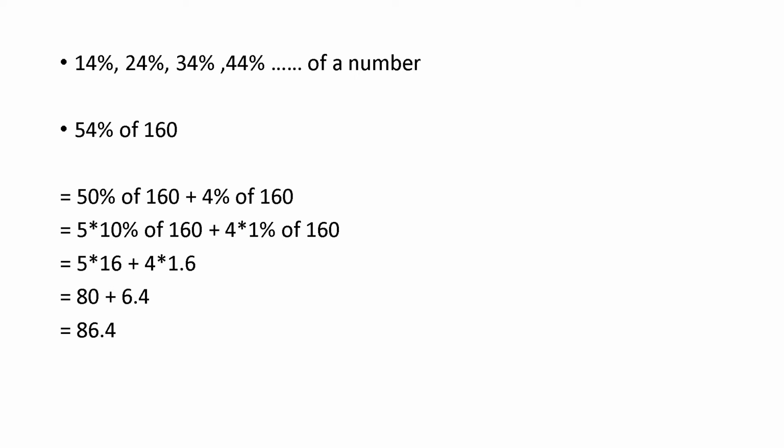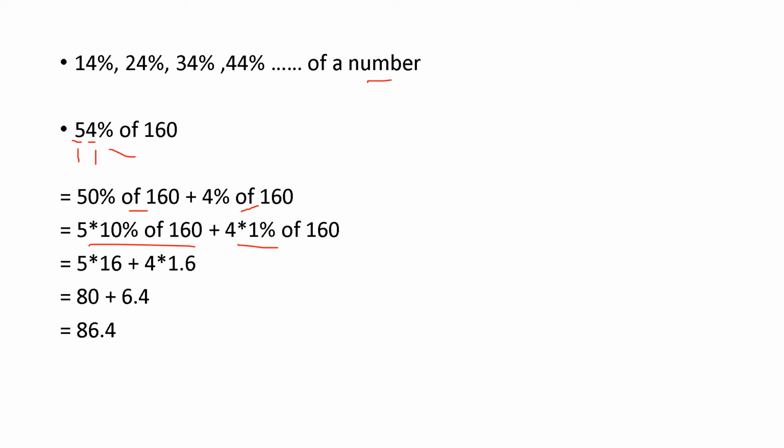Next is 14%, 24, 34 of a number. So let's see the example. 54% of 160. 54 means 50 plus 4. What is 50? 5 into 10. What is 4? 1 into 4. Okay. So 50% of 160 plus 4% of 160. 50 means 5 into 10% of 160 plus 4 means 4 into 1% of 160.